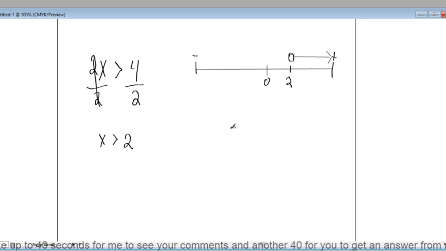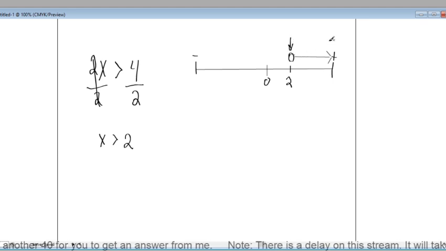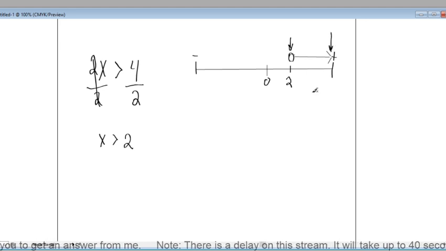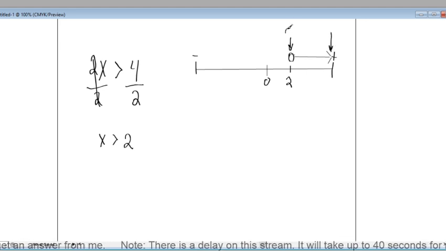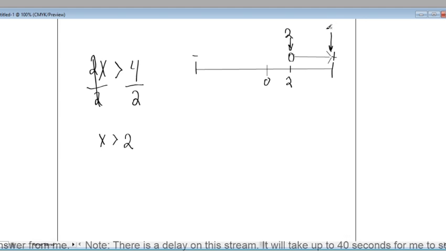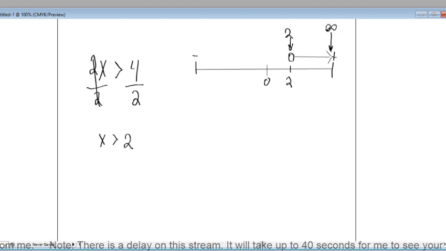Interval notation is based off the idea that when we have one of these solutions that we graph here, it's going to have a start point and an end point. We read the graph left to right. We get our start point, which here is at 2. And then we have our end point. Now, the end point for this one's a little strange. It's infinity. So again, it starts at 2. Then it goes into infinity.